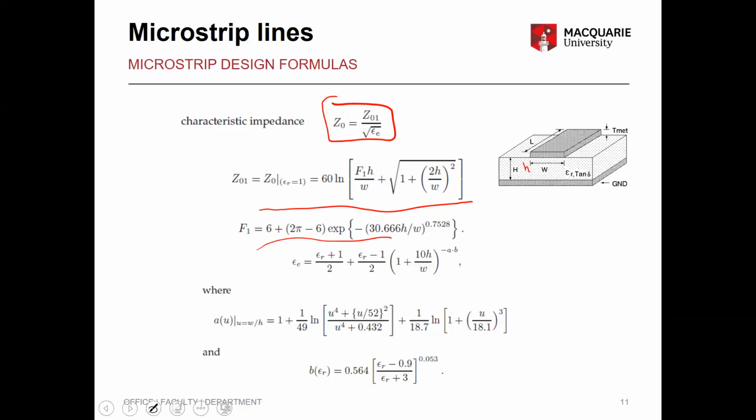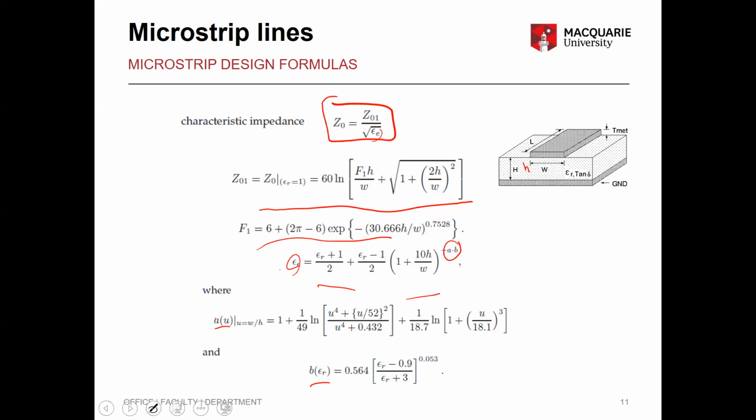And then it has a dependence on epsilon effective, that's the effective permittivity, and epsilon effective is calculated by that, and these A and B parameters are calculated by that. So you'll notice that's a huge amount of calculations you need to do. I'm not going to ask you this in the exam, but you will notice how many things you need to solve in the empirical formula just to find the impedance.